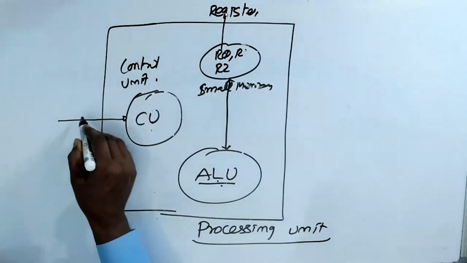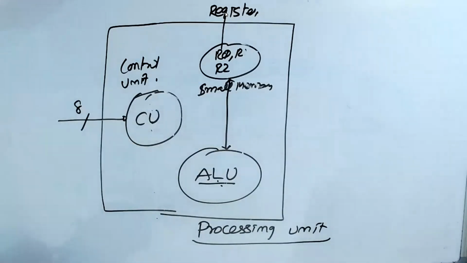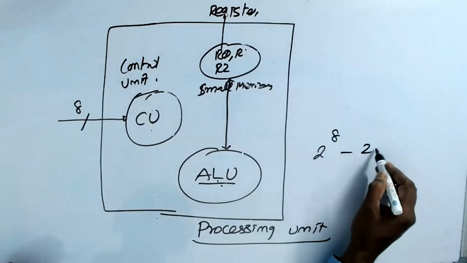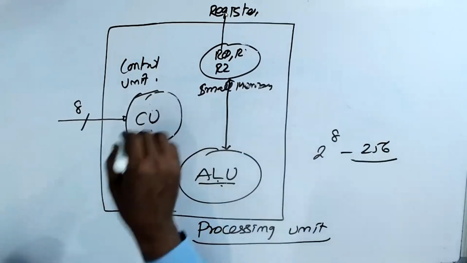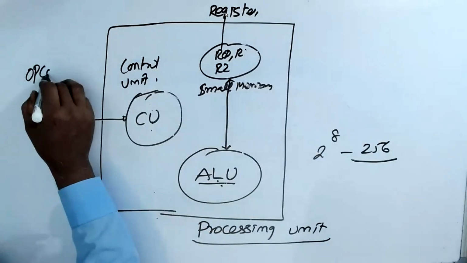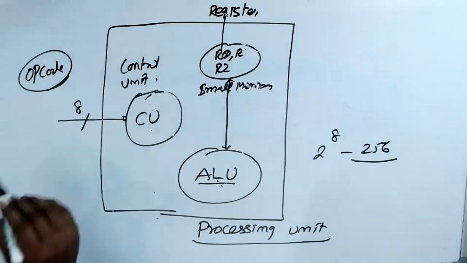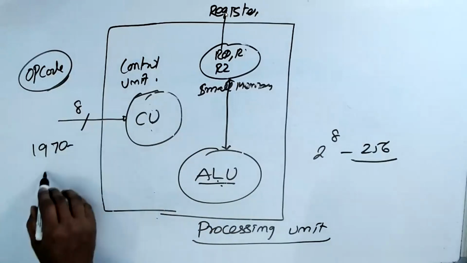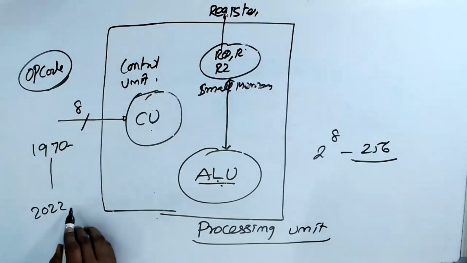Let us say we have about 8 wires. That means I can put 2 power 8, 256 instructions to the control unit. This is generally called opcode. The microprocessors from 1970, the first one, to today, 2022, they are all having opcode.